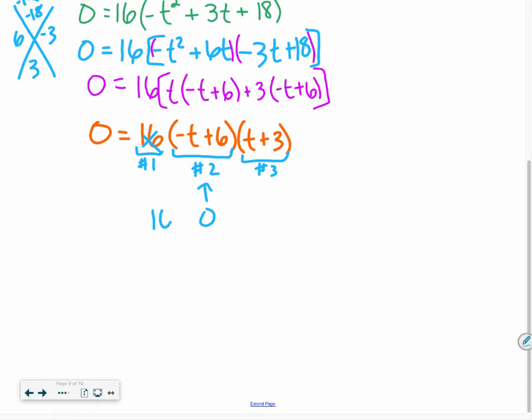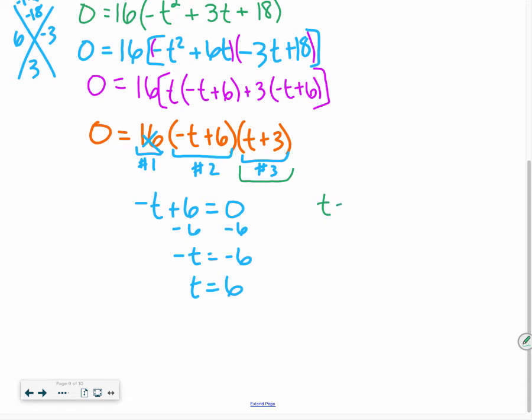Even if I have 16 and then another number, this is all going to equal 0. So I take that second number, negative t plus 6, set that equal to 0 and solve. So I say minus 6, negative t equals negative 6, or t equals 6. And the third number, I do that same thing, I set it equal to 0. So t plus 3 equals 0, or t equals negative 3.